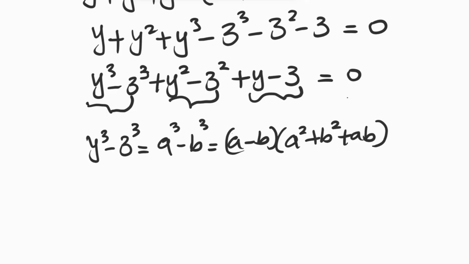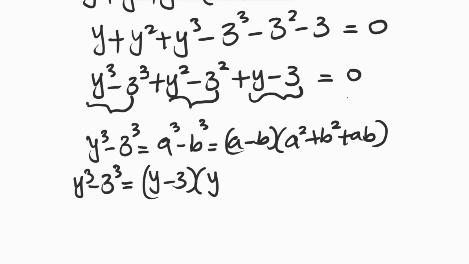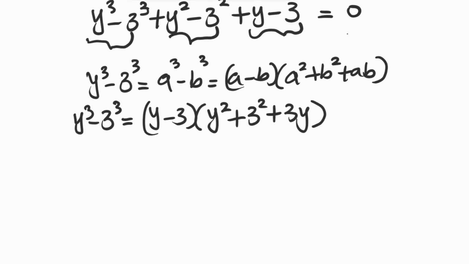So therefore our y cubed minus 3 cubed now becomes y minus 3 into y squared plus 3 squared plus 3y. Okay, now we have y squared minus 3 squared.